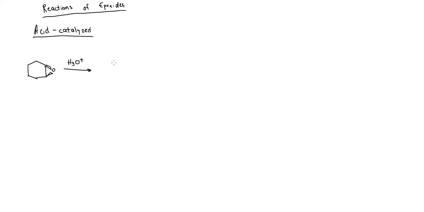So what this does is it opens the epoxide and it actually gives me a trans diol. And I also get the enantiomer as well. Okay. So how does this happen? What is going on? So let's talk about the mechanism of this.